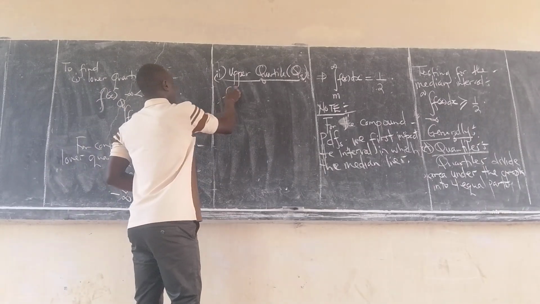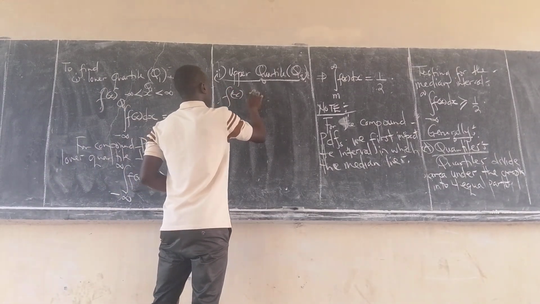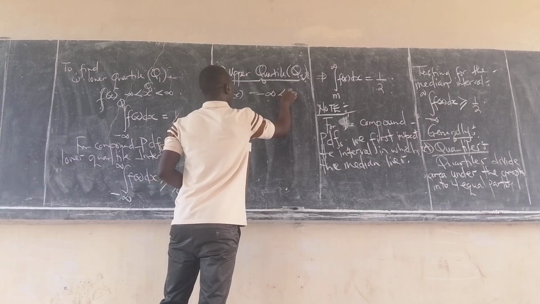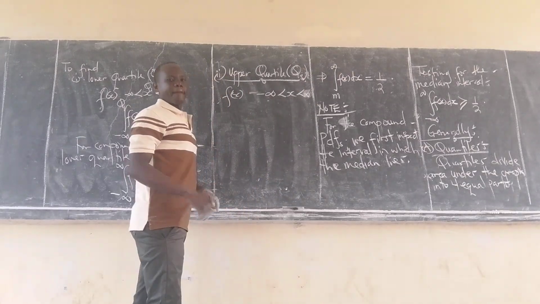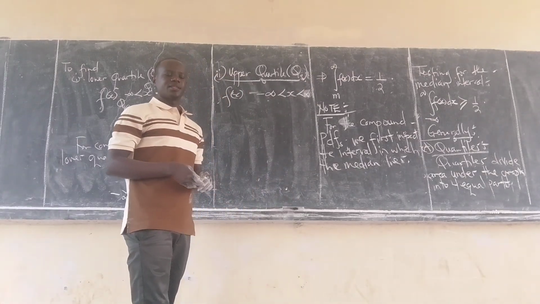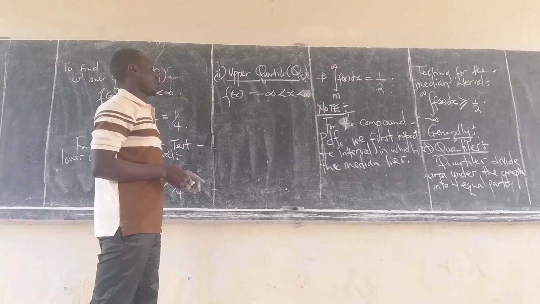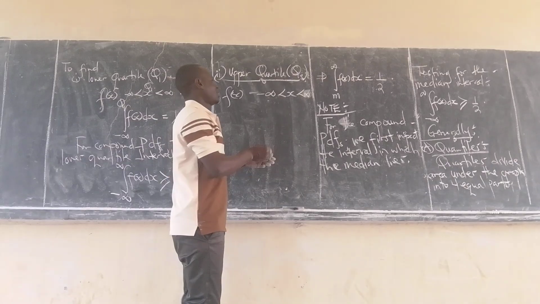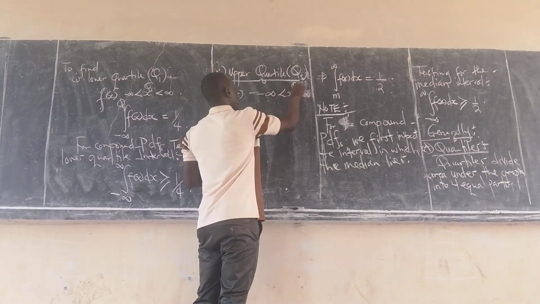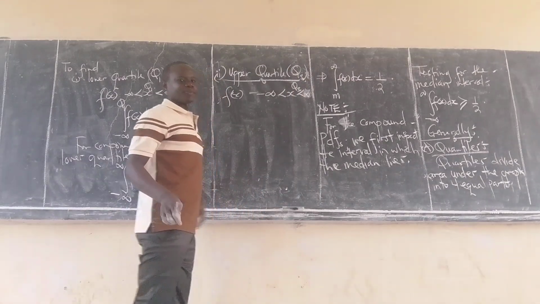So our f of x will be defined in a continuous domain from negative infinity to positive infinity, but the upper quartile Q3 is going to be assumed to lie somewhere in between negative infinity and positive infinity, so it will definitely be there.